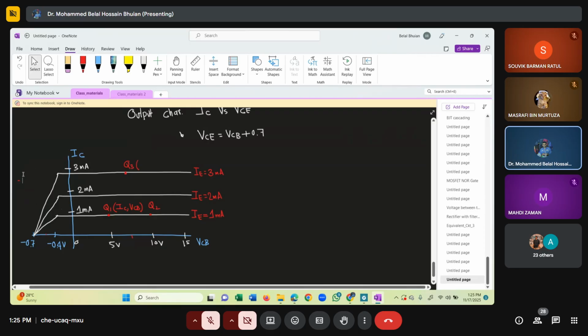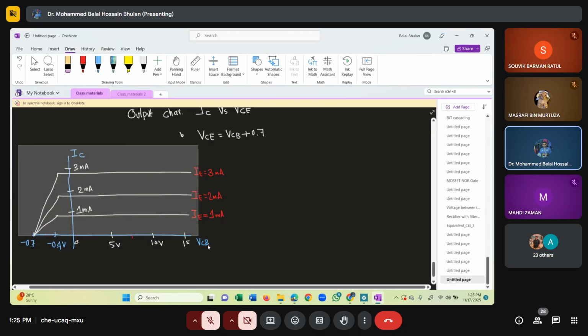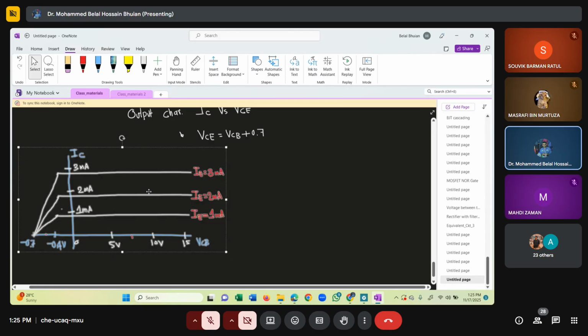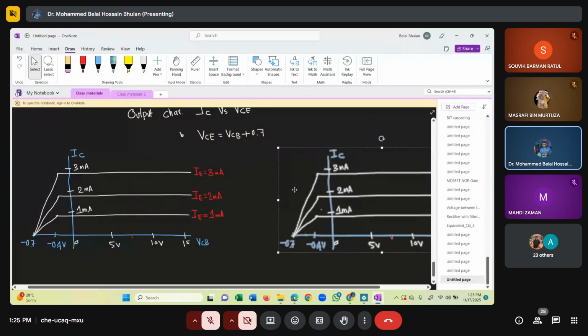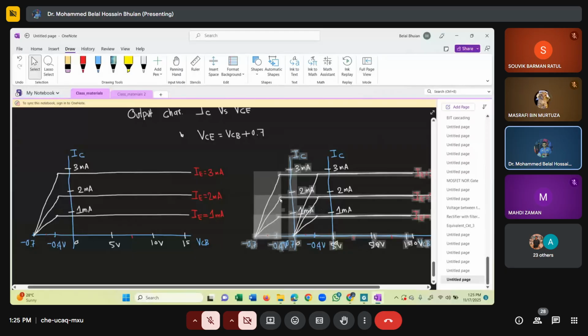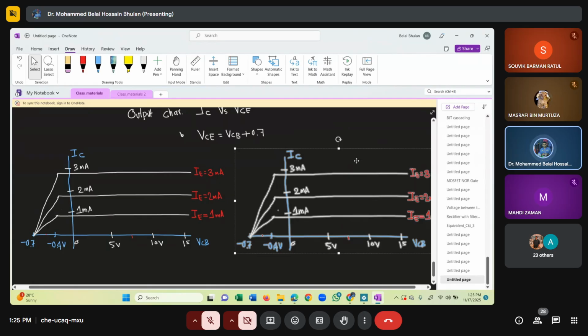Trim the unwanted bit. Okay, put them side by side.